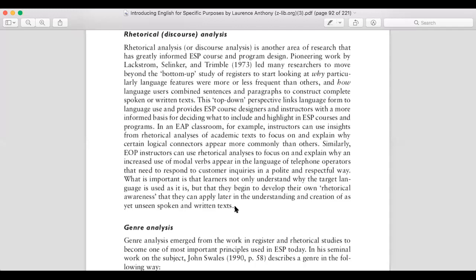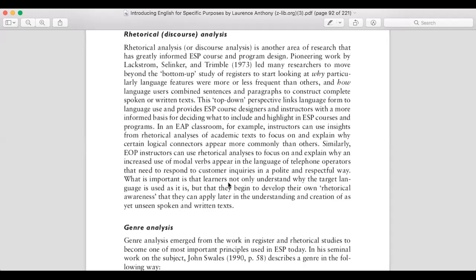So what is important is that learners not only understand why the target language or the discourse is used as it is, but that they begin to develop their own rhetorical awareness that they can apply later in understanding and creation of unseen spoken and written text. So you cannot exactly teach them what to say when they receive a call, because you do not know what exact inquiries people would be making.